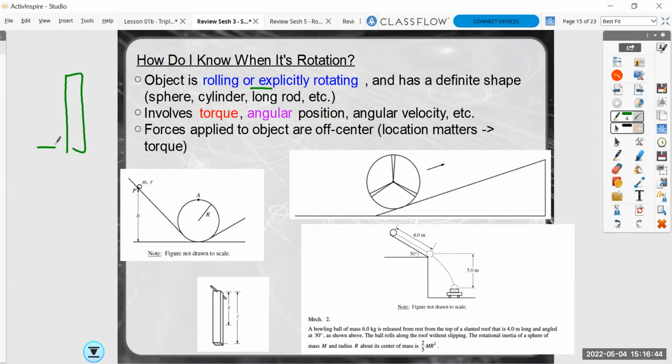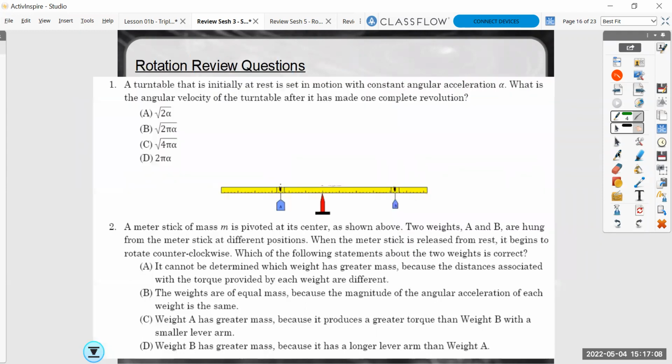So if they draw you a free body diagram and they're like, hey, the forces are here and here, probably that object's going to spin or rotate, right? Unless you're otherwise informed. Because our free body diagrams don't care about where, like F equals ma doesn't care where the forces get applied, but torque does.